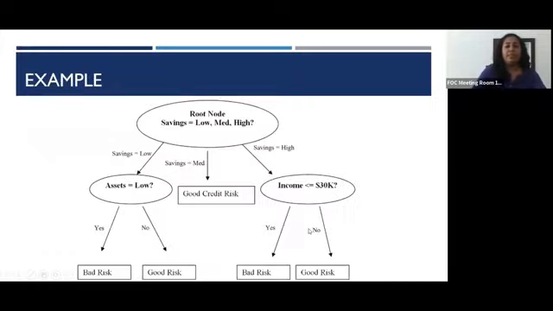So for example, here is a decision tree. At decision nodes, what you have, students? At nodes you have attributes. So how many attributes are there? What are they? Look at this and tell me.